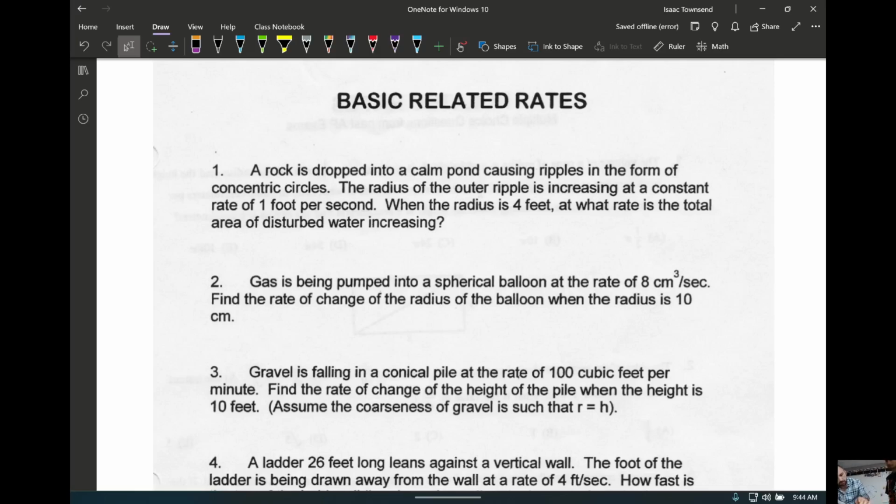Mm-hmm. What happened to, like, this is your A prime. Yeah, 5 times 3. What happened to your B prime? Well, my B, the base, is not changing. Oh, it's not, okay. Yeah.